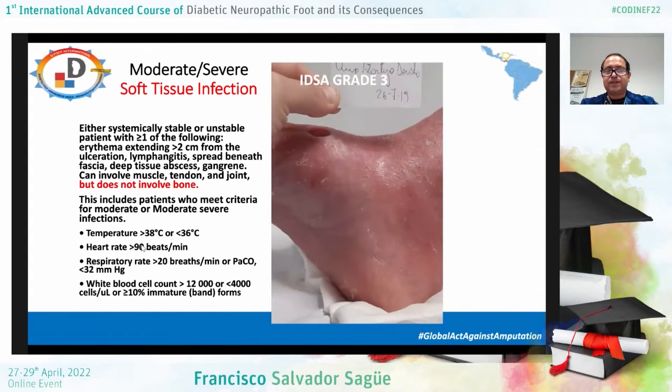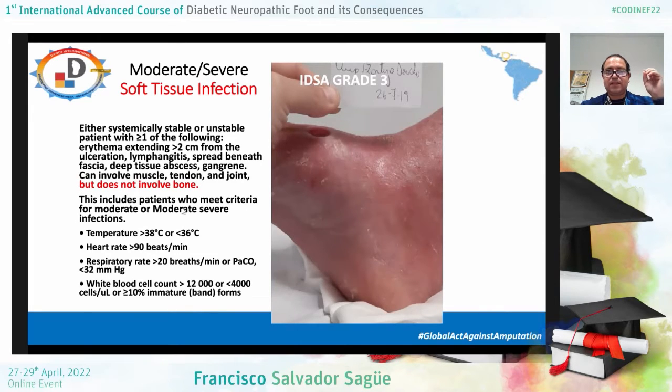Moderate to severe soft tissue infection, this is grade 3, in either a systemically stable or unstable patient, with the following: erythema extending more than 2 centimeters from the ulceration, lymphangitis, spread beneath the fascia, deep tissue abscess, gangrene, and it can involve muscle, tendon, and joint, but does not involve bone.